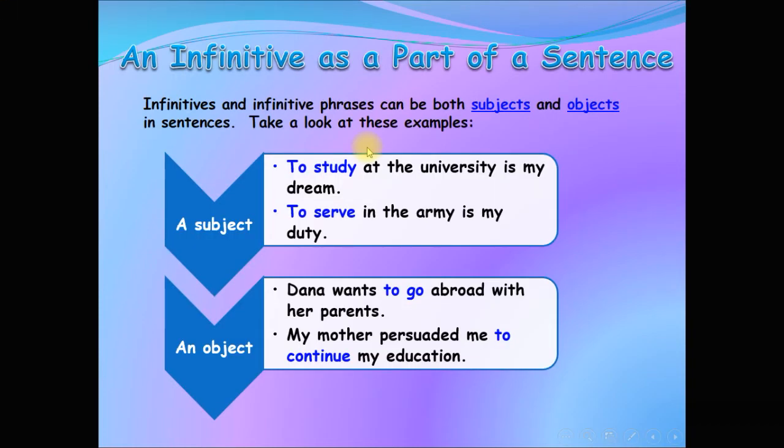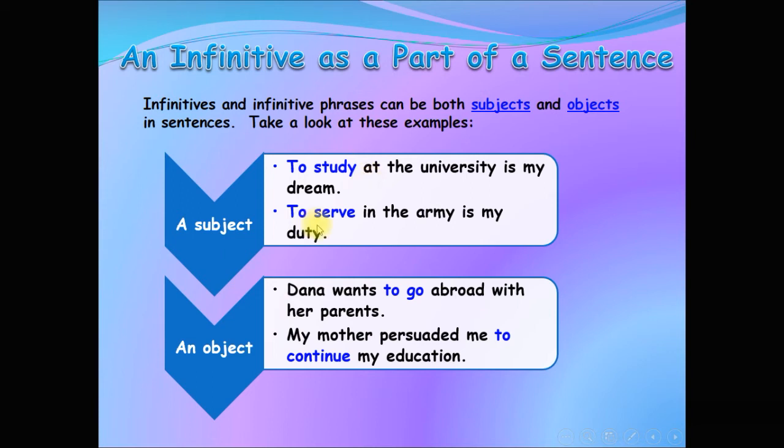The same as gerund, infinitive can be both subjects and objects in sentences. So for example, as a subject, we put to infinitive, so it becomes to study at the university is my dream. To serve in the army is my duty.